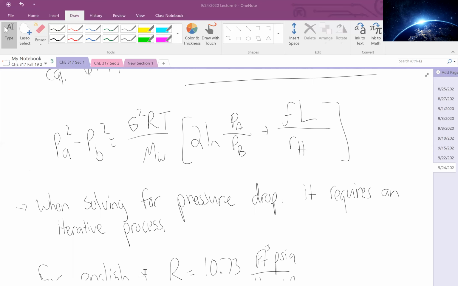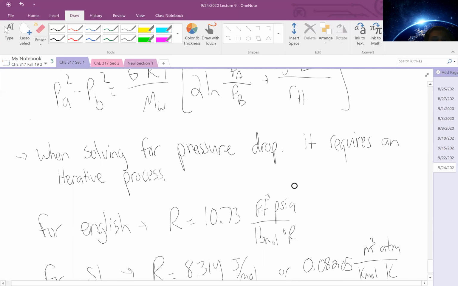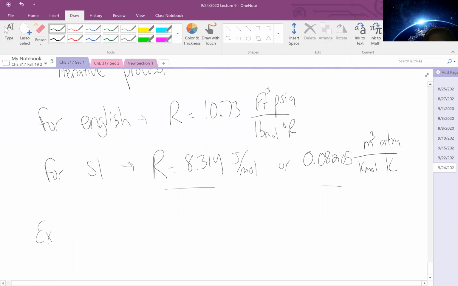I wanted to work an example with you guys. Unfortunately, we're about out of time. But if you want to look through on the slides, I gave you example 3. The actual solution can be found in your text on page 150 and 151.